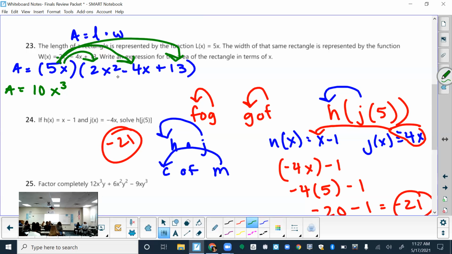What about 5x times -4x? -20x squared, good. And then 5x times 13. 65x. Right? The x doesn't go away.